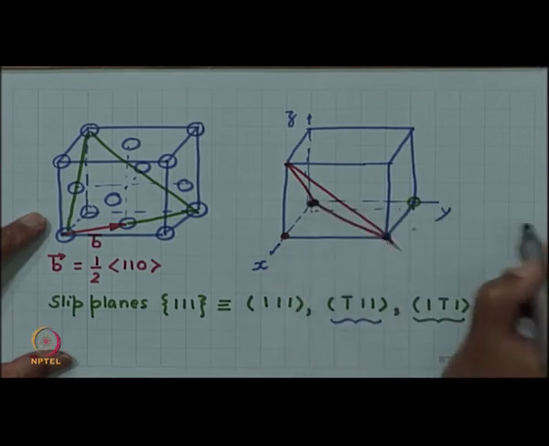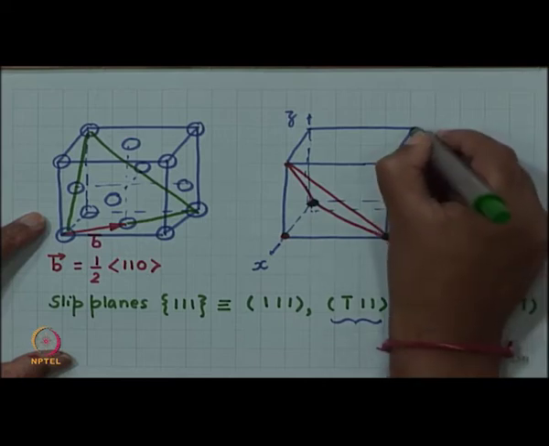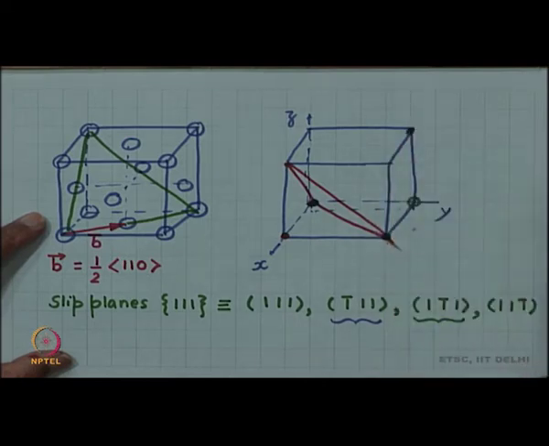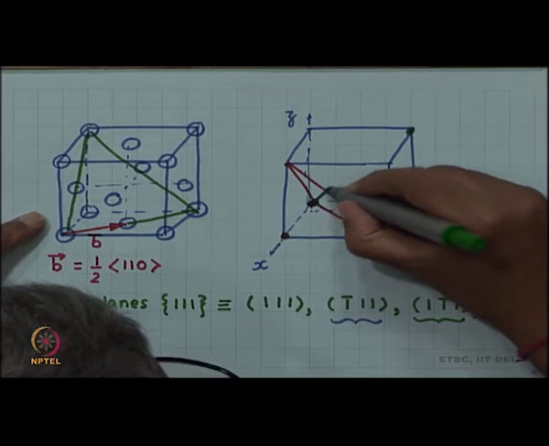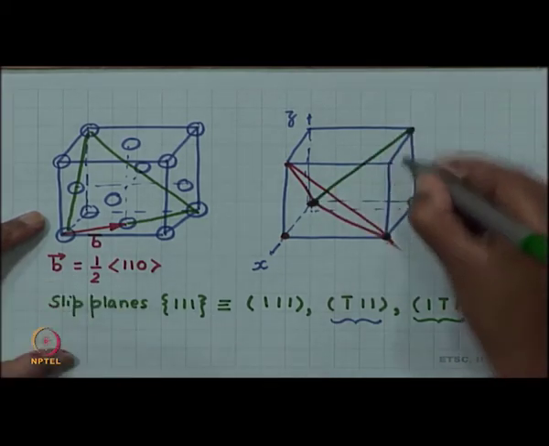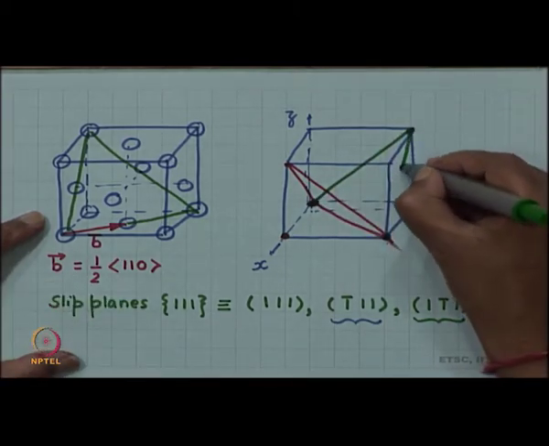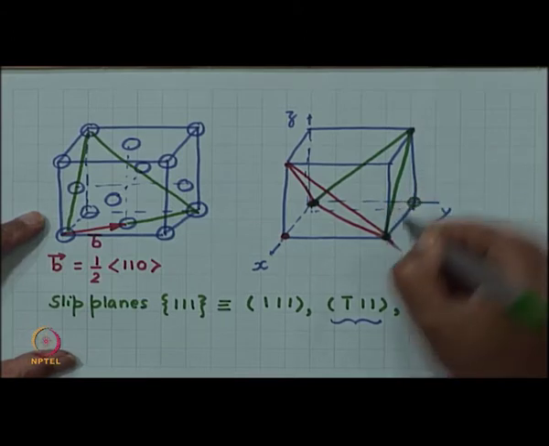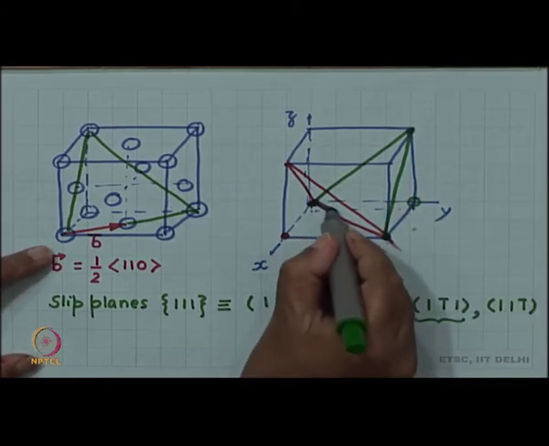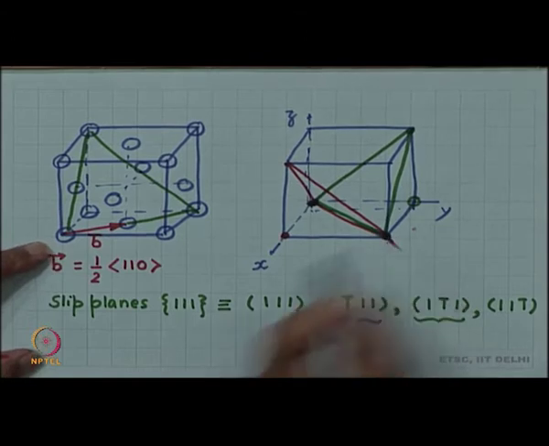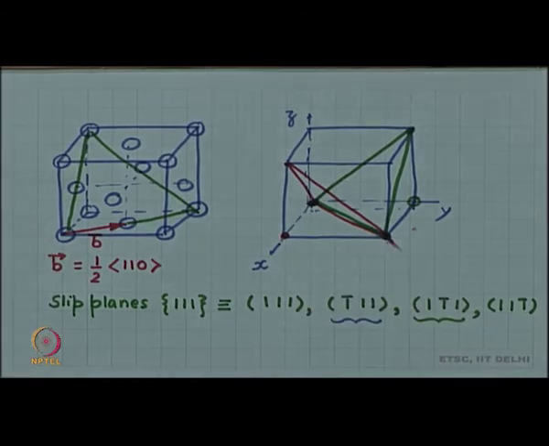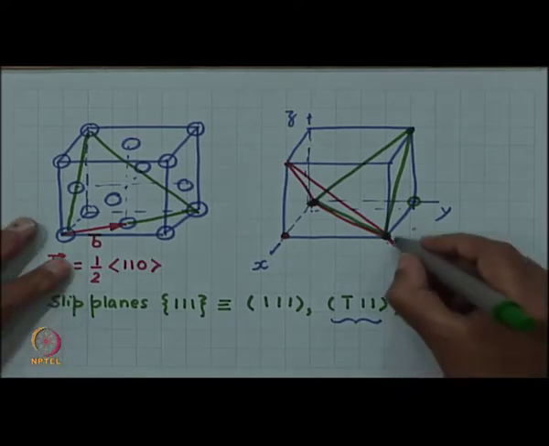So, there is a point here, and plus 1 on the z axis. So, there is a third point there. So, this other plane is like this.